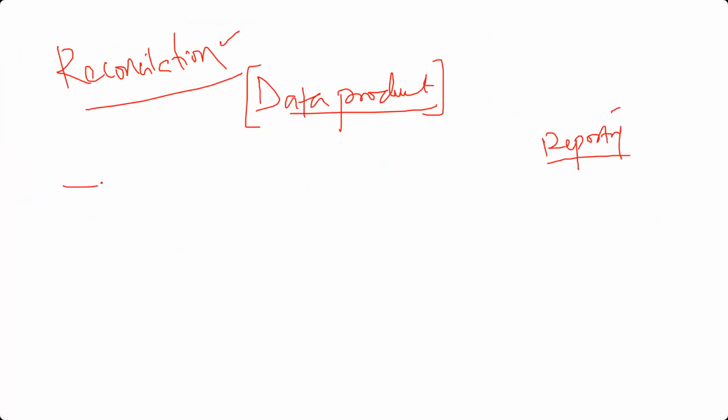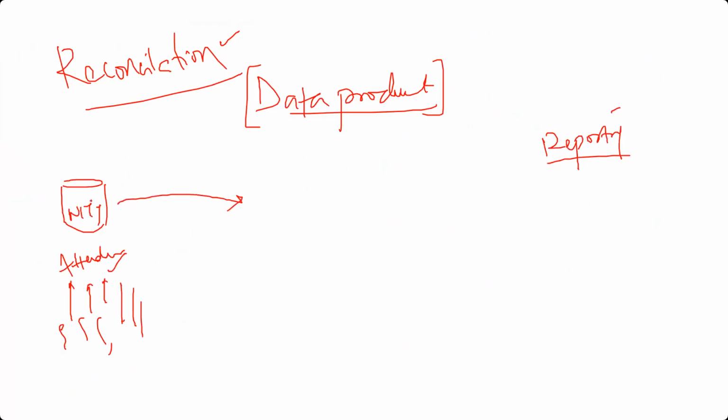There is a source database, like let's take NIT Tiruchirappalli's attendance management system. All students log into this system, mark their attendance and log out. Imagine there is a database. This database is transferred into a data warehouse.